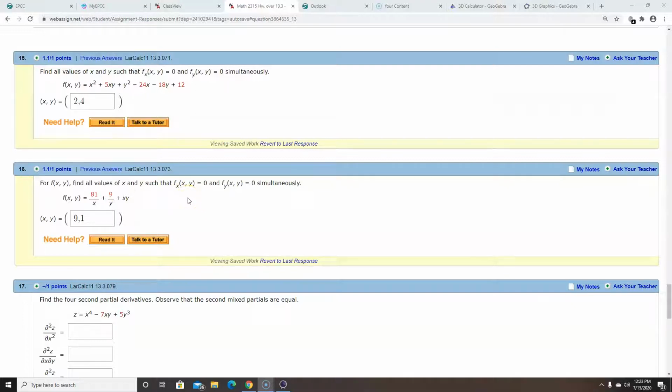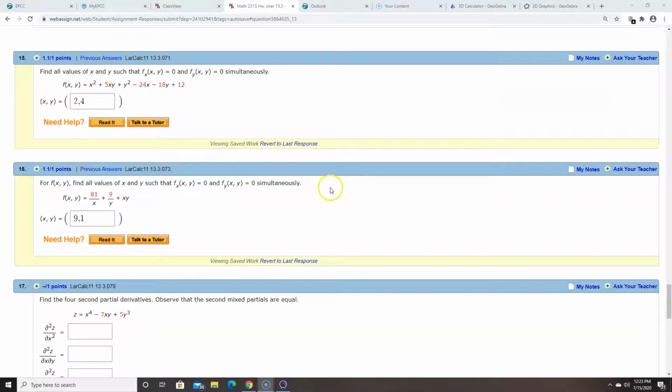It kind of sounds like an optimization problem or an extrema problem. When will the partial derivatives equal 0? Remember, like in single variable calculus, when you get critical points when the first derivative is equal to 0 or where they're undefined. And here we're finding where the partial derivative of f with respect to x equals 0, and where the partial derivative of f with respect to y equals 0.